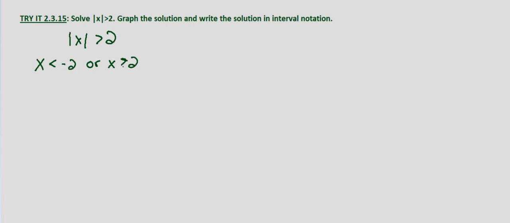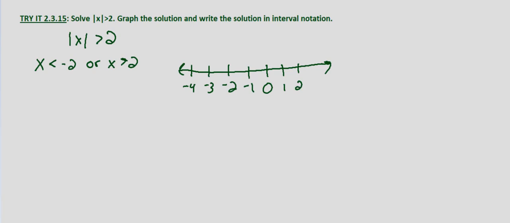Now to graph this, we have x is less than negative 2, so we want to go a little bit further below negative 2. So we'll start with negative 4, negative 3, negative 2, negative 1, 0, 1, 2, 3.